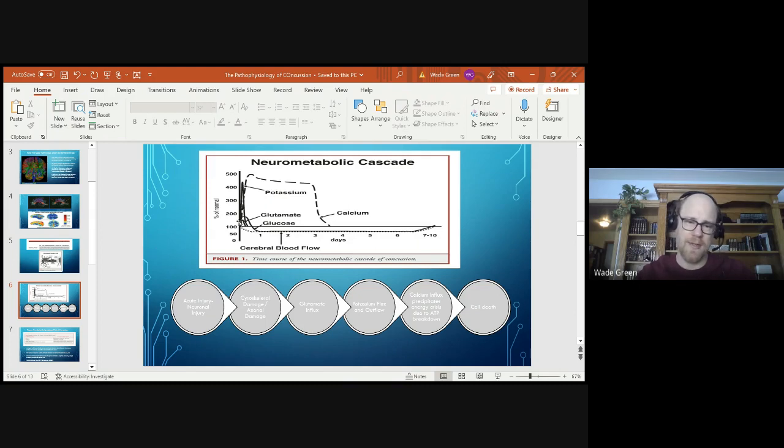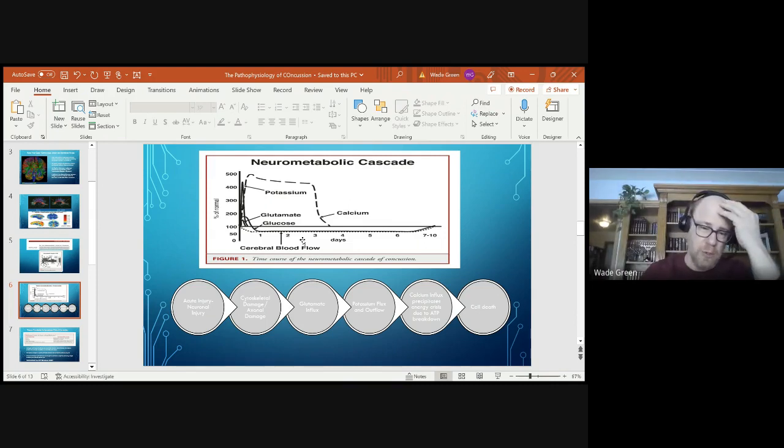We can see that glucose falls to essentially half of the normal level, or half of the baseline, within the first week following a concussive injury. And we have changes in hemodynamics, so blood flow is also decreased within the first week of injury. Like we talked about, we have that acute neuronal injury, that stretching and torsion of the neuron that damages the axon.